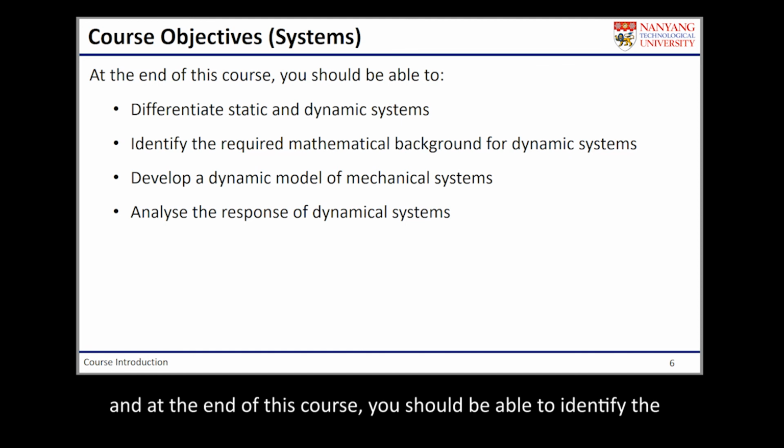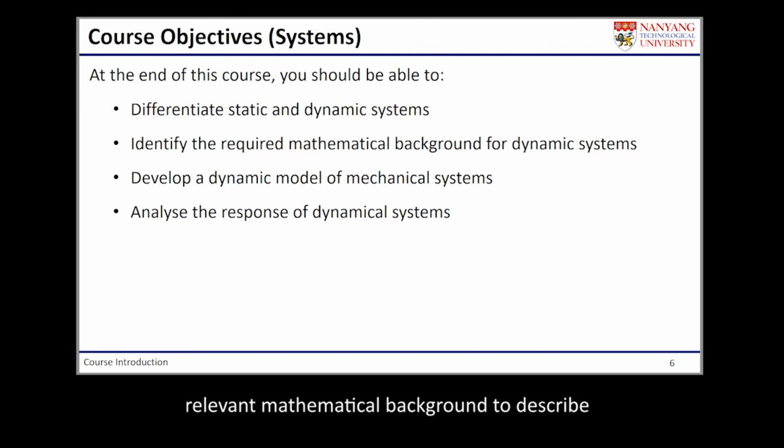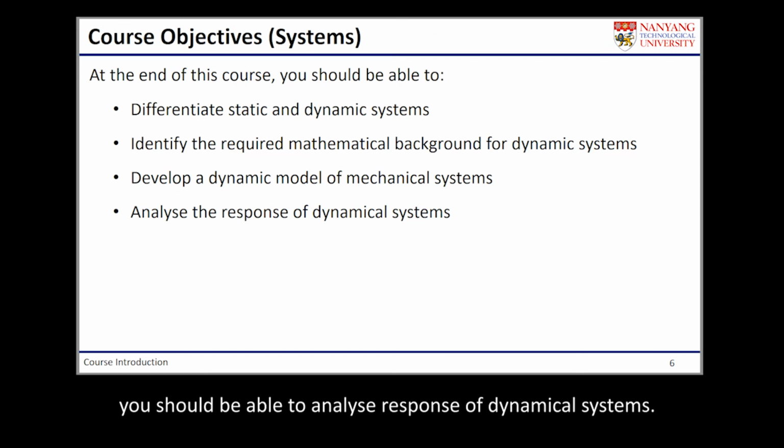And at the end of this course, you should be able to identify the relevant mathematical background to describe a system, for both static and dynamic, of course. And then it is expected that you will also be able to develop a dynamic model to describe dynamical systems. And the last point, as an outcome of this course, you should be able to analyze the response of dynamical systems.